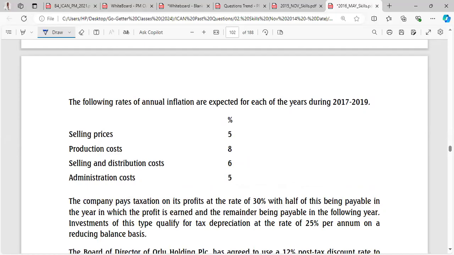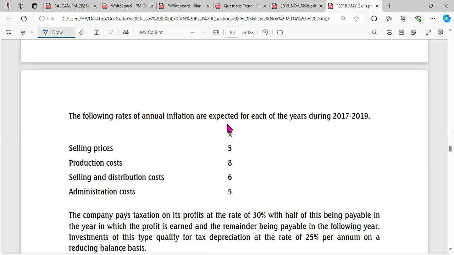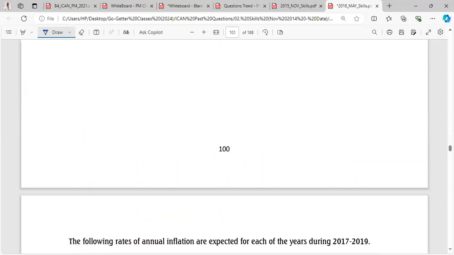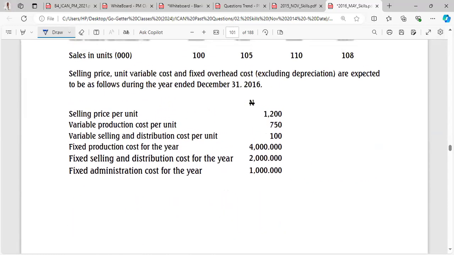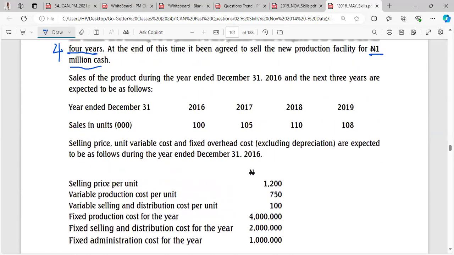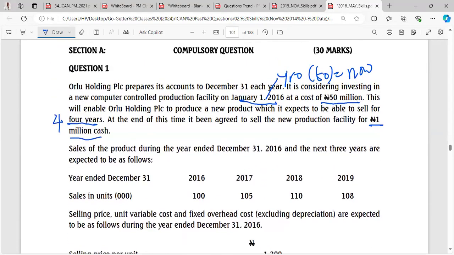All right. So that being that. Secondly, because they have inflation rates, it means they're also looking at the time value of money. And because they're looking at the time value of money, we will need to use NPV.